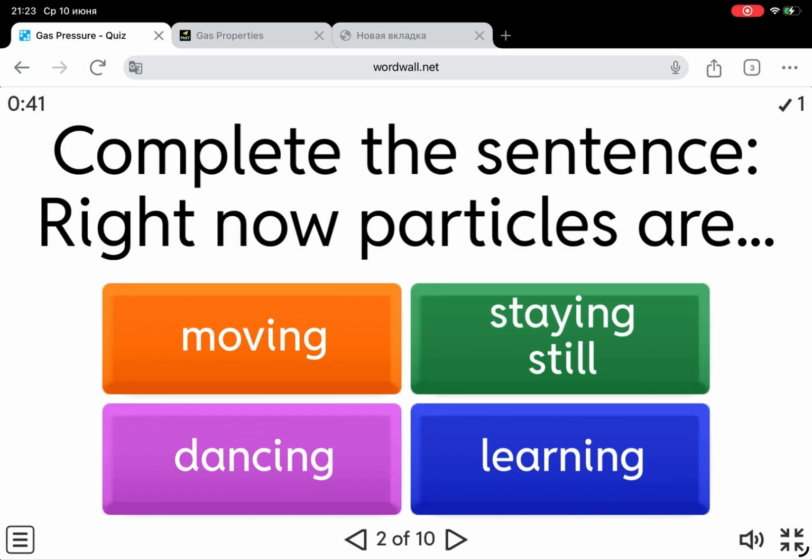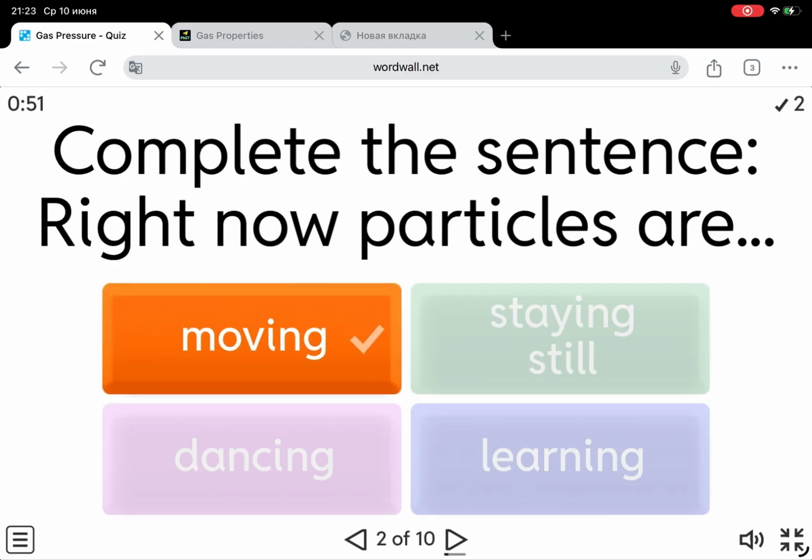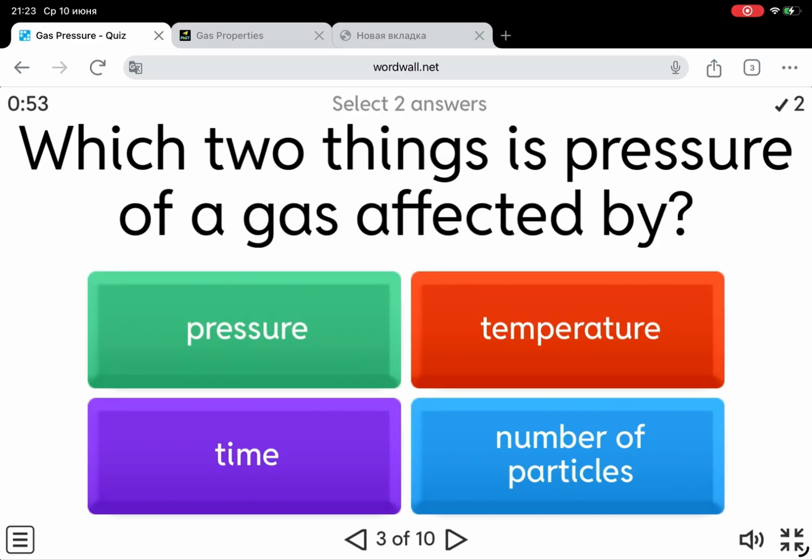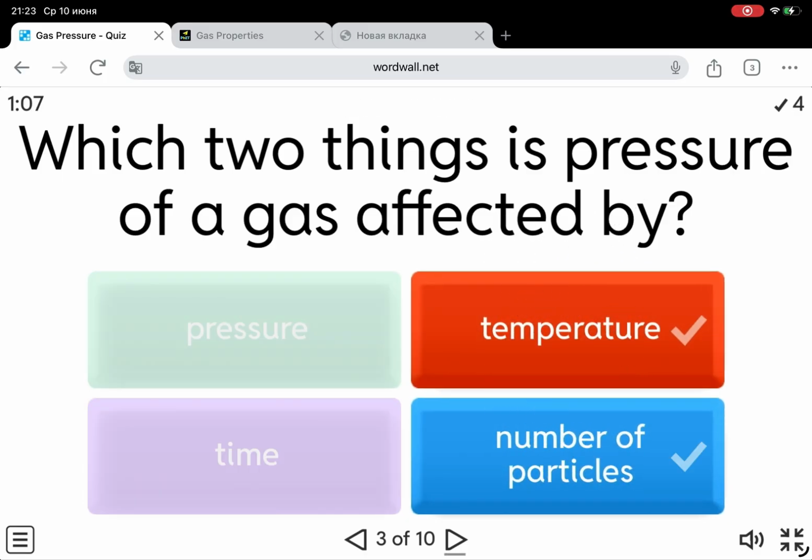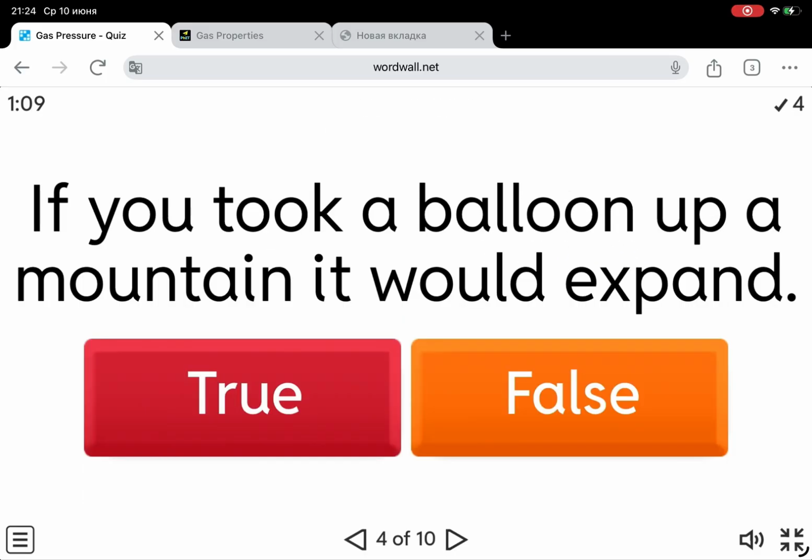Complete the sentence: as we saw before, particles in gases are always moving in random directions, so the answer is moving. Next one: which two things is the pressure of a gas affected by? Pressure of a gas is affected by the number of particles and the temperature of the particles.